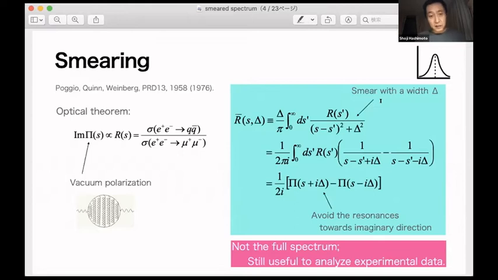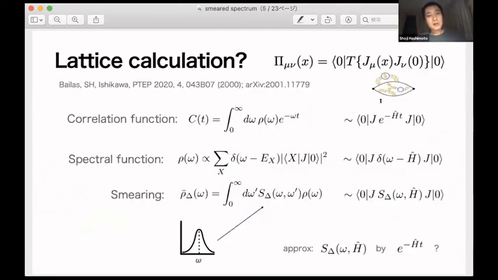So it's still an interesting thing to look at. I would try to do the same thing using the lattice data and think about what we can do if we are interested in the smeared spectral function. So this is the example.